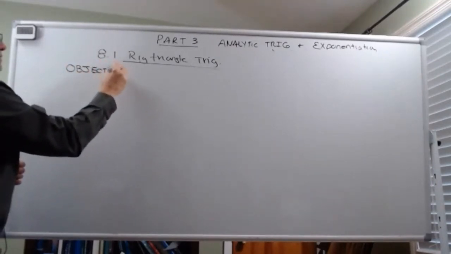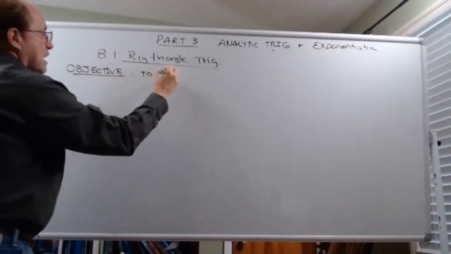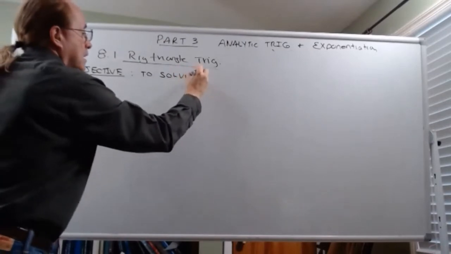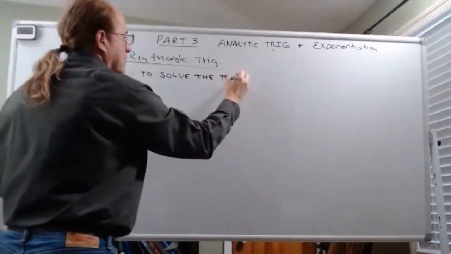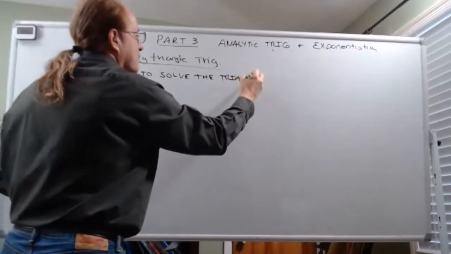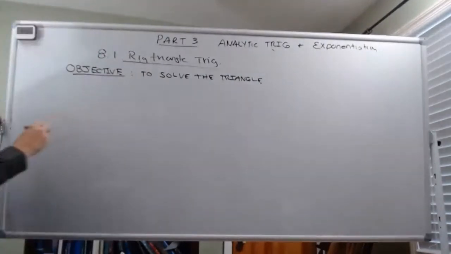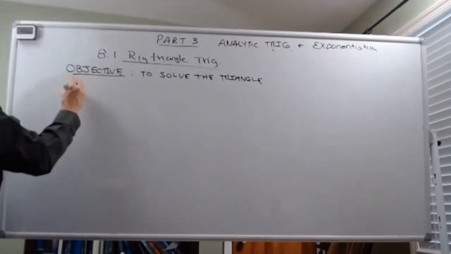So here's our objective. It is to solve the triangle. And what do I mean when I say solve the triangle? Well, very simply, to solve means we find the lengths of all the sides and the measures of all the angles. And that's all it is.